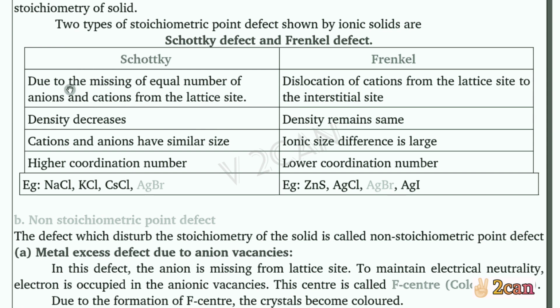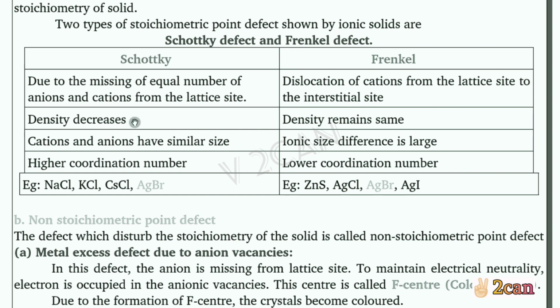Schottky. Due to the missing of equal number of anions and cations from the lattice site. Frenkel. Dislocation of cations from the lattice site to the interstitial site.